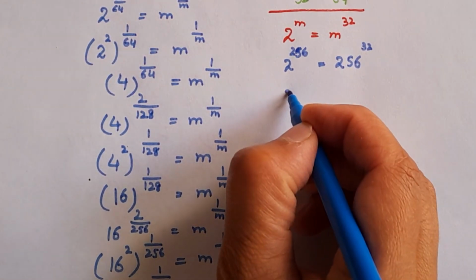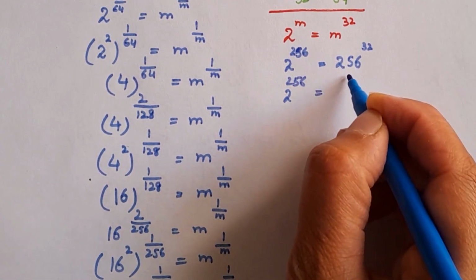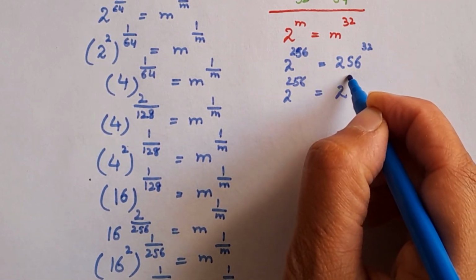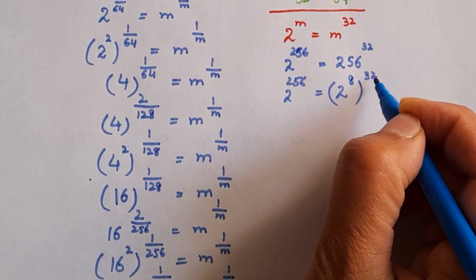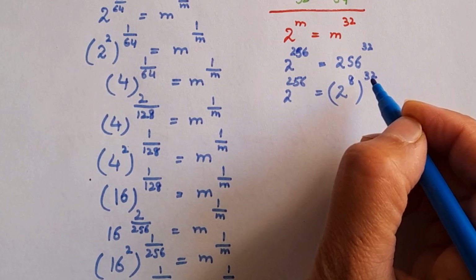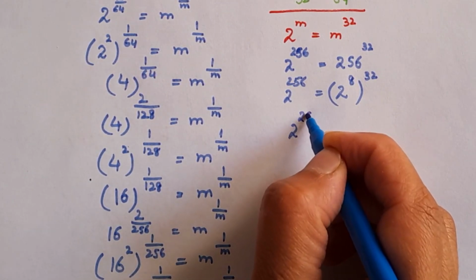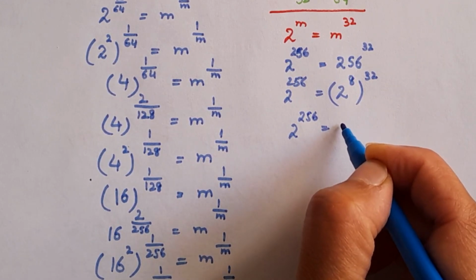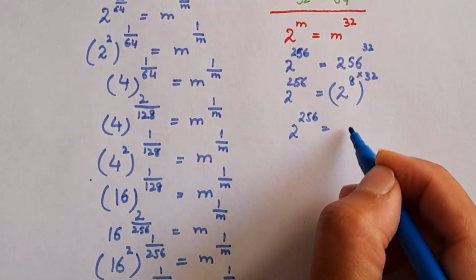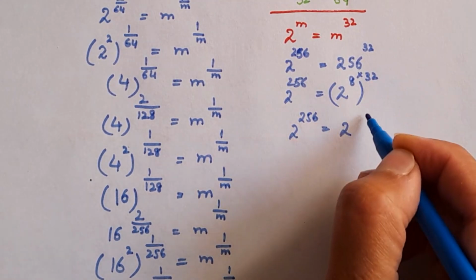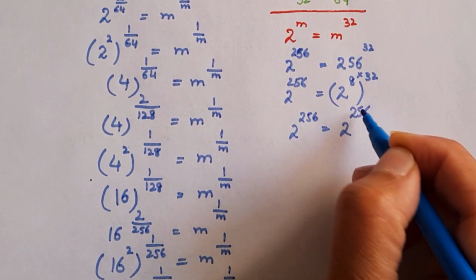Which is equal to 2 to the power 256 is equal to, we can write 256 as 2 to the power 8, to the power 32, because multiplying 2 eight times by itself will give us 256. 2 to the power 256 is equal to, here we are going to apply the power of a power rule, so the powers will be multiplied. 8 times 2 is 16, 1 carry, 8 times 3 is 24, plus 1 is 25.